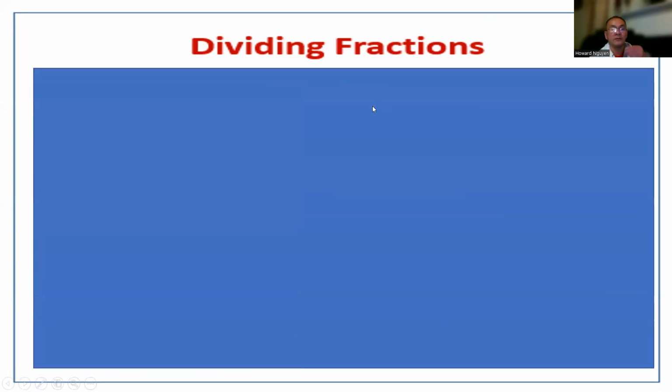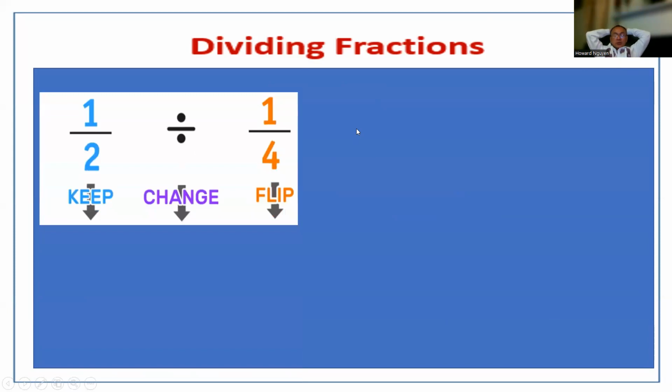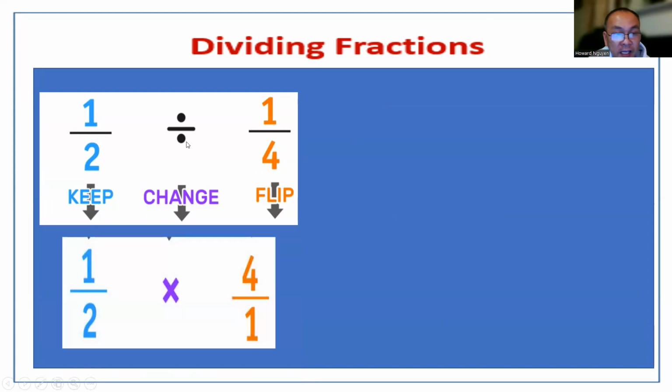Now, do this for me. 1/2 divided by 1/4. Keep, change, flip. So you keep 1/2, change the division to times, flip 1/4 to 4 over 1. This is your reciprocal. So if you have 3 over 2 and you have to change, the reciprocal of 3/2 would be 2/3.